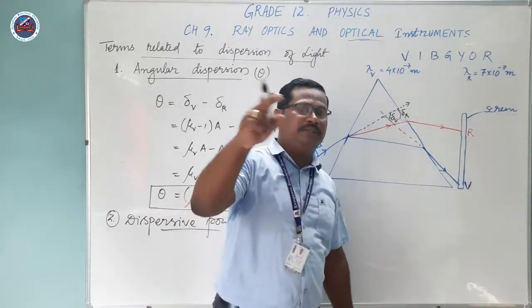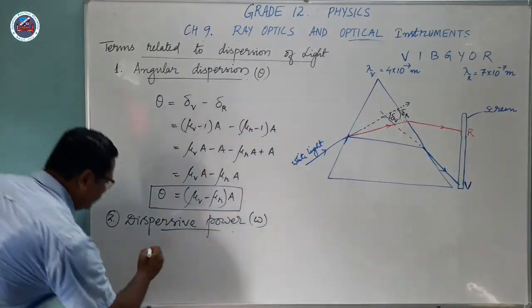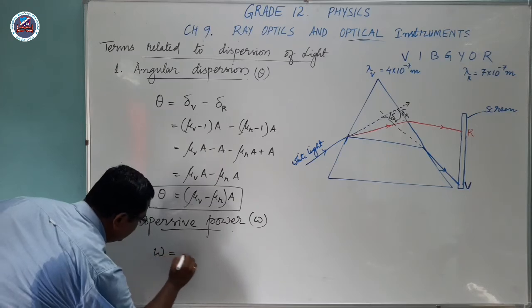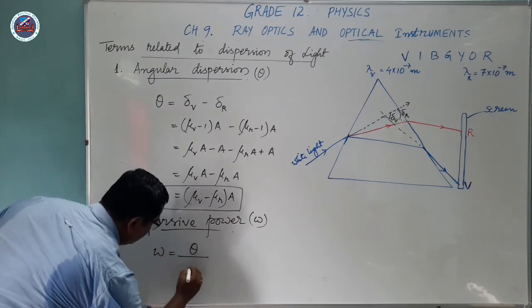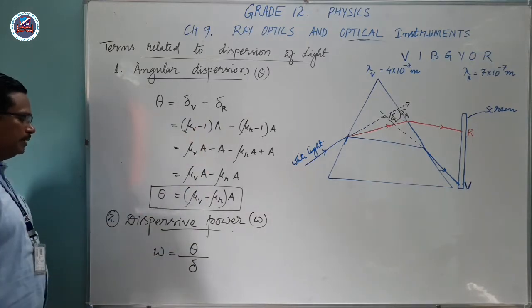Mean dispersion, we simply write it as delta. So dispersive power is the ratio between theta and the mean dispersion produced by the prism.